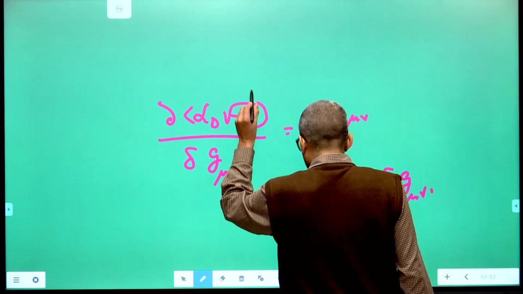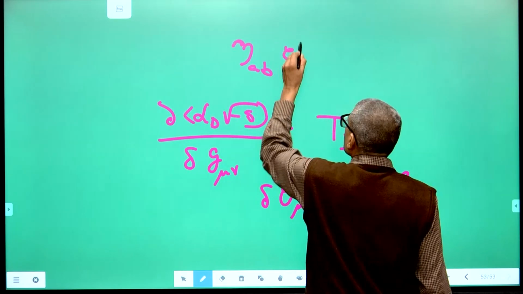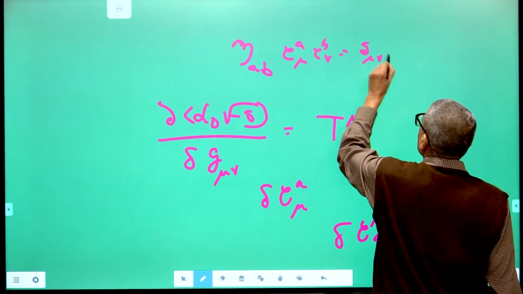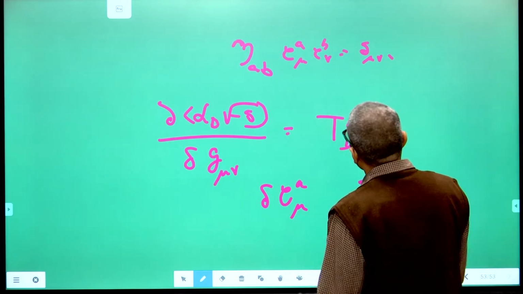So you use simply the fact that eta A B into E A mu E B nu is G mu nu. Now you note one thing, that the tetrad is not uniquely defined. You can have several factorizations.